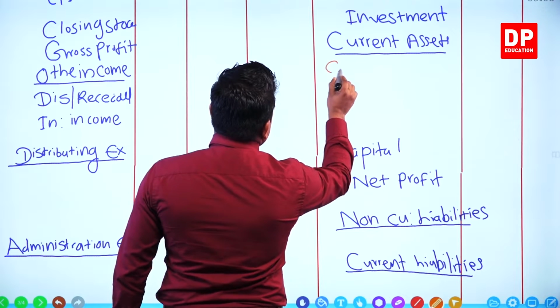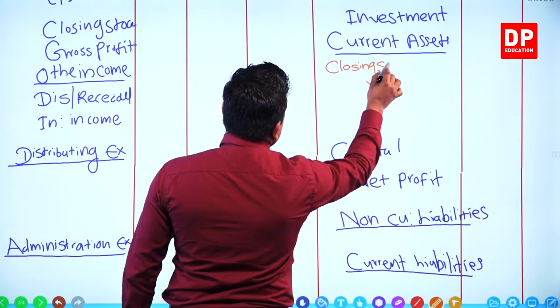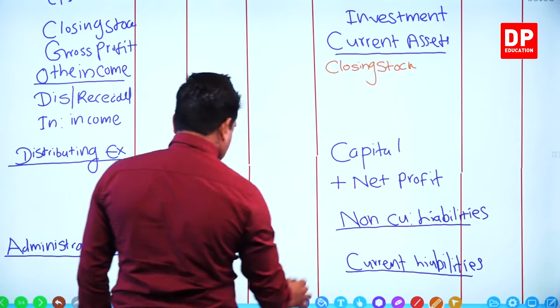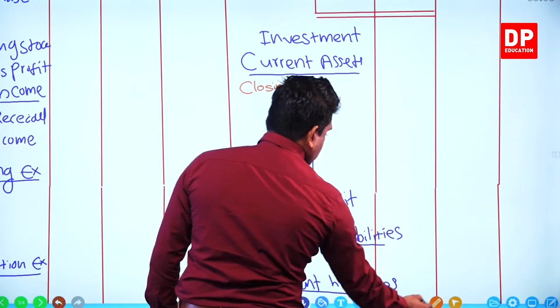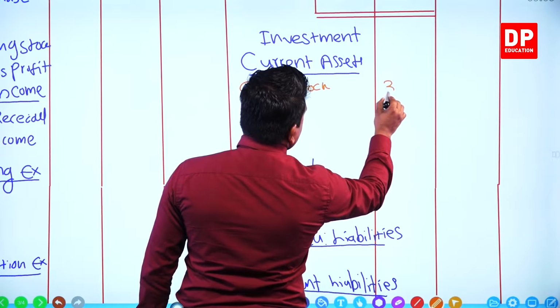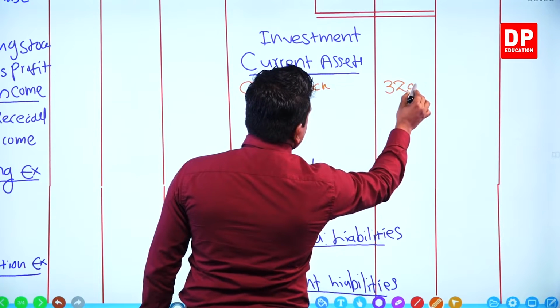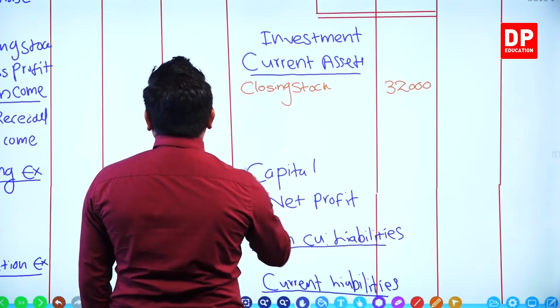Closing stock, closing stock, closing stock 32,000 here. Then we write the other one.